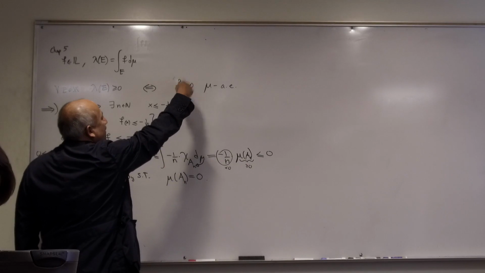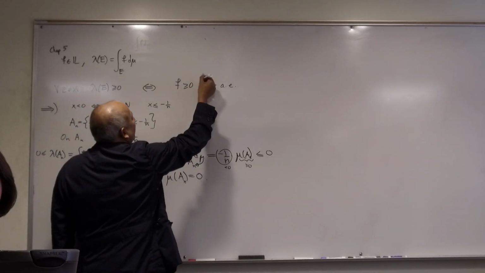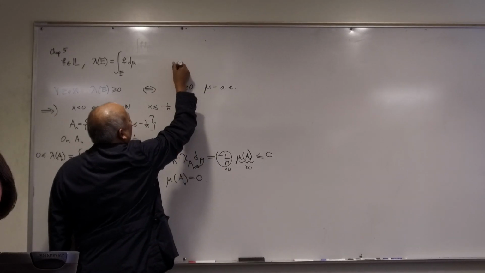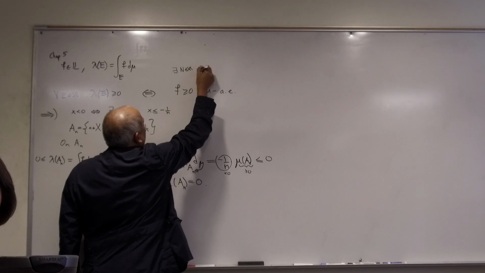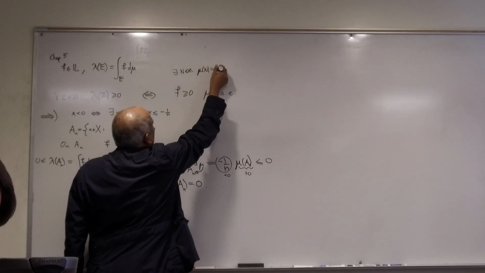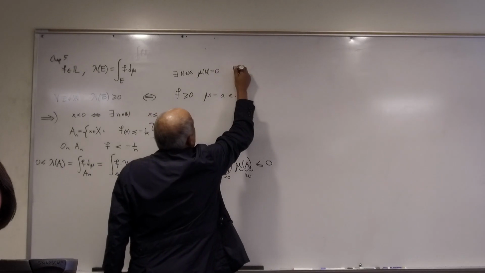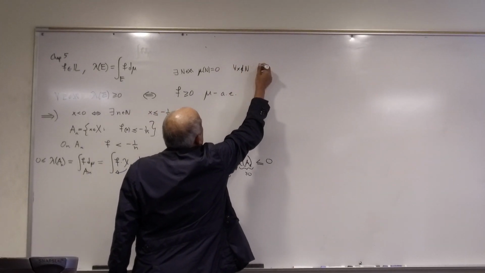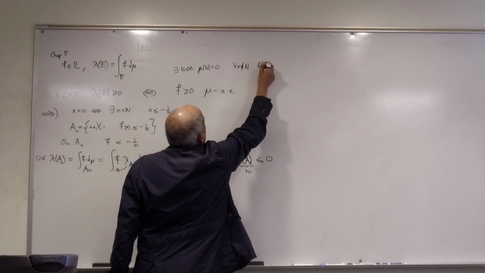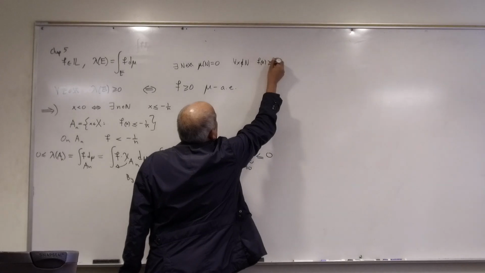And what does this mean? It means there exists a set in the sigma algebra of measure 0 such that outside of that set, for every x outside of the set, f is greater than or equal to 0, right?